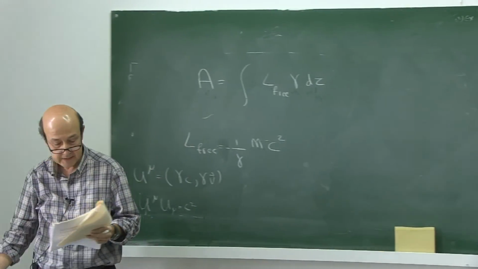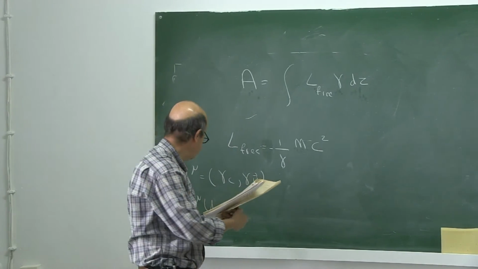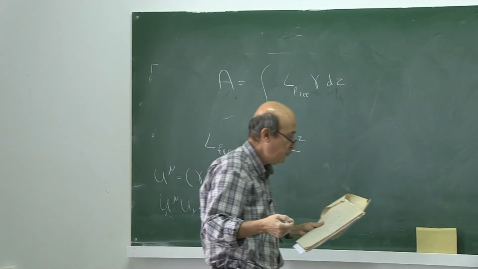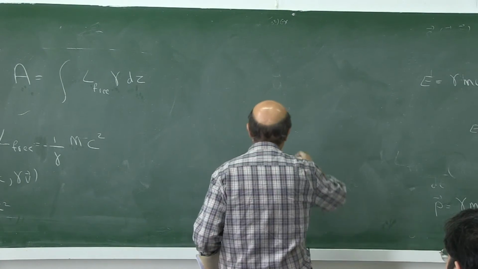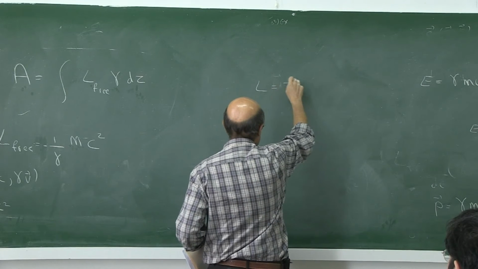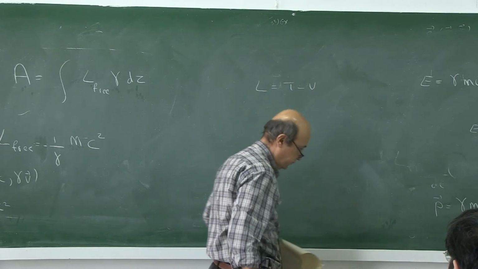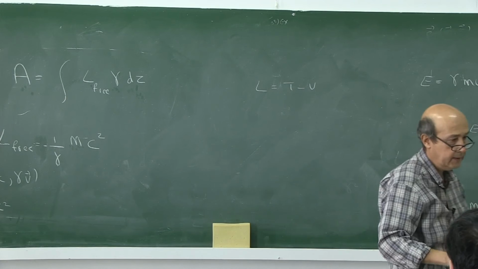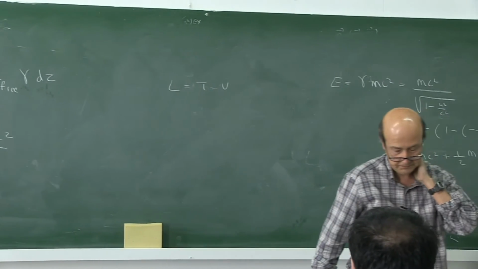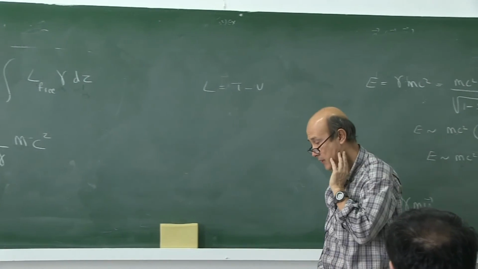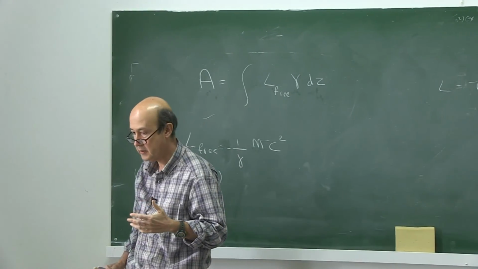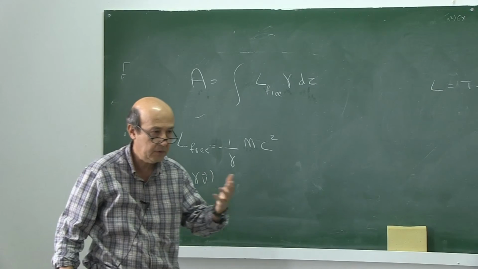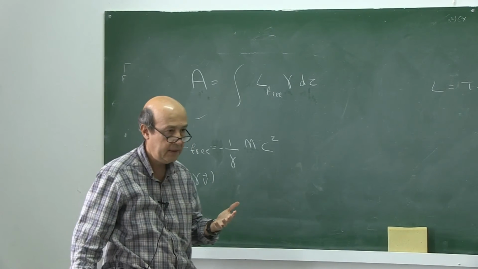So let's look at what we have in the non-relativistic case. In the non-relativistic case, T minus V, how do we define the interaction of the electric charge with the potential? What tool do you have for the V?